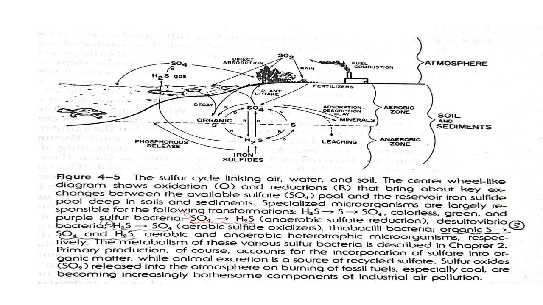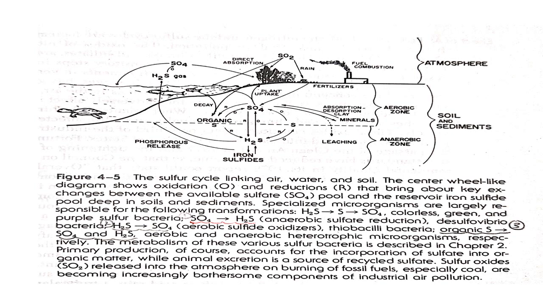You can see this sulfur cycle. There are various oxidation and reduction reactions which go on in this picture, where there is a center wheel-like diagram, and you can see that there is sulfur and there is organic sulfur.